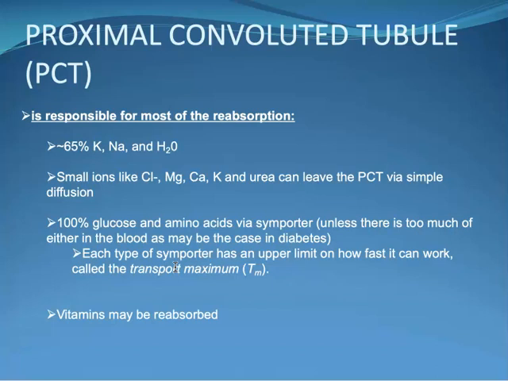Only under very rare conditions, like if you ate a bag full of candy corn in one fast sitting, where you have a massive spike in sugar levels, might they be overwhelmed. But under normal, healthy conditions, these symporters will reabsorb all of our glucose. And some vitamins may also be reabsorbed.